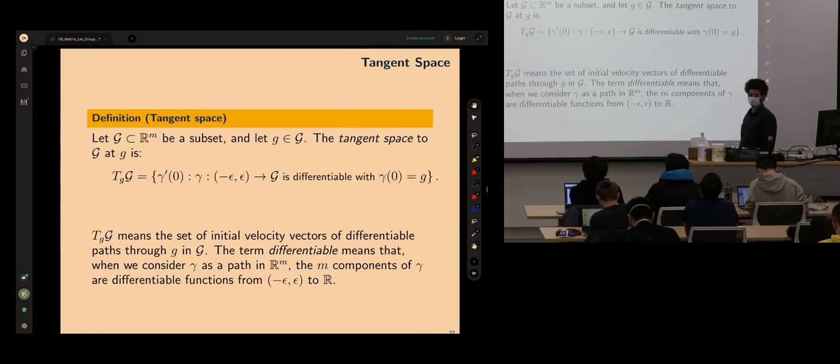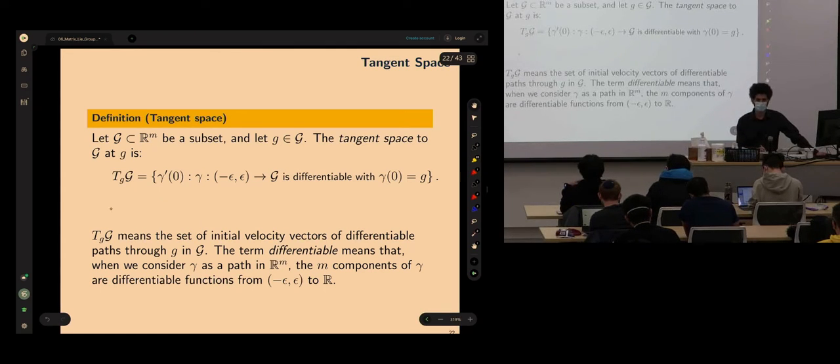Now, if that's the case, I can talk about the tangent space of a matrix group. We just defined the tangent space. I'm just using more sophisticated notation here.